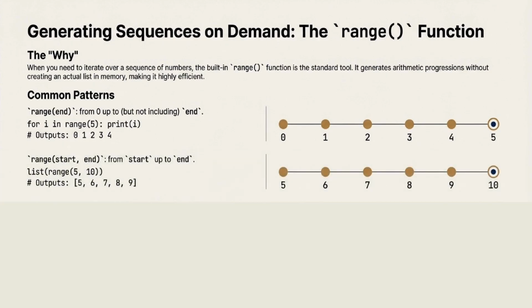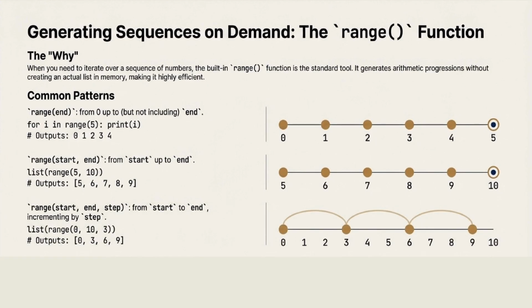The second form of range is range(start, end). In this case, Python starts from the given start value and goes up to but does not include the end value. For example, range(5, 10) generates values 5, 6, 7, 8 and 9. The third form is range(start, end, step).